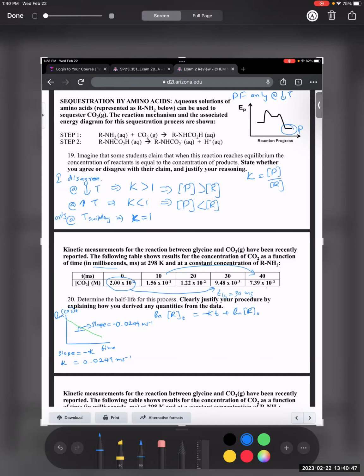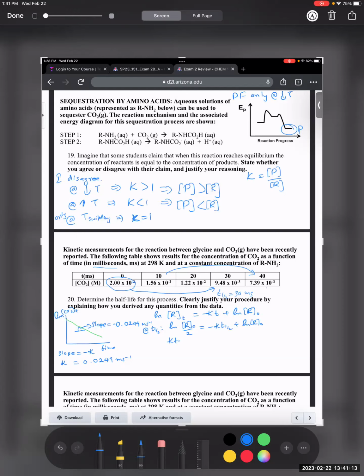At half-life, we can rewrite this saying the concentration is half of the initial concentration, equal to minus kT half plus natural log of the initial concentration.